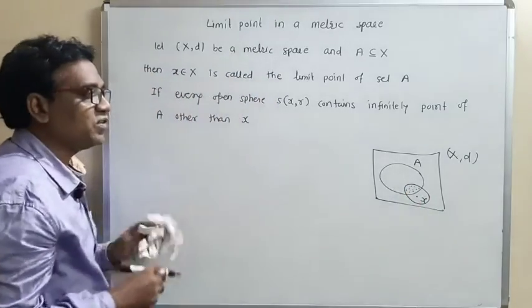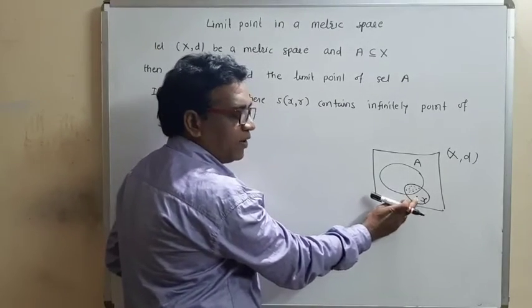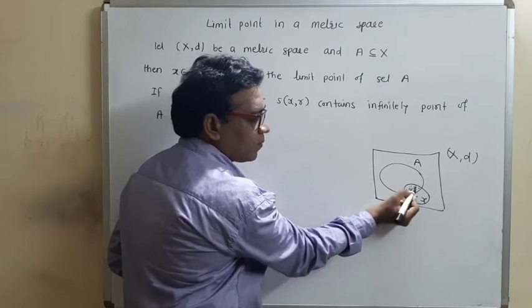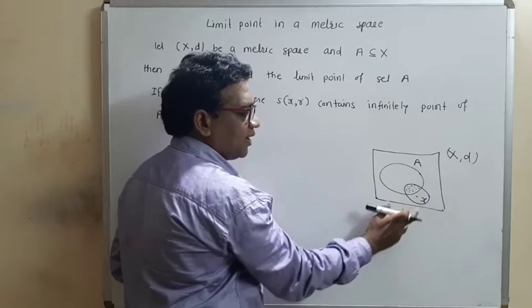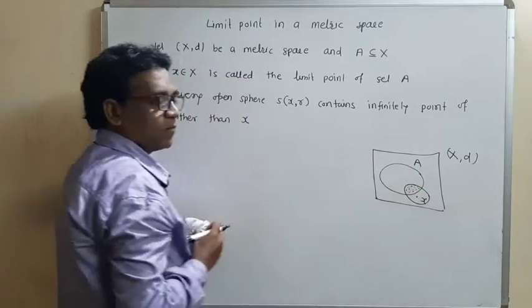Limit point means every open sphere contains infinitely many points of A other than this x, then this x is called the limit point of set A.